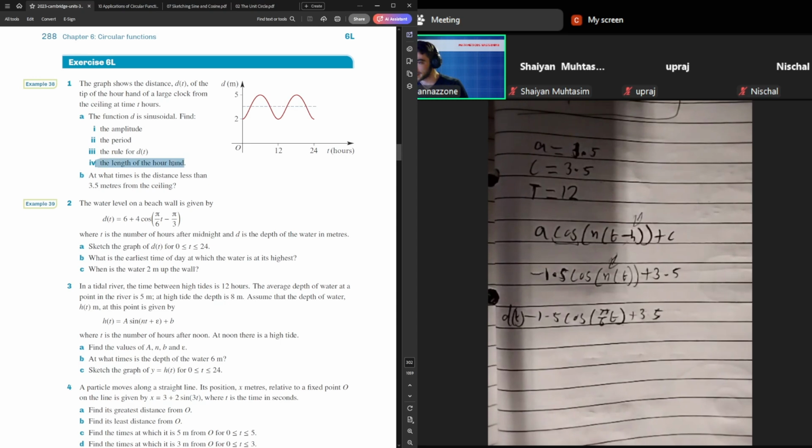Okay, now here's a weird thing. There was a story behind this. This was the graph of the distance between the large hand, the hour hand of a clock, from the ceiling. That's what this was depicting. What was this in terms of? Meters.